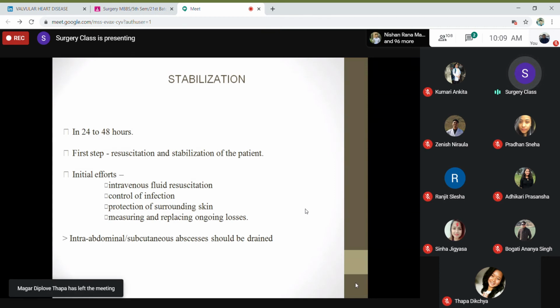And measure and replace the ongoing losses. The patient is passing urine and stool, and the fistula may be a low output or a high output fistula, and the patient may not be taking orally. So consider input and output: the total intake and total output of the patient. You have to take into consideration the urine output, the stool output, and the fistula output. That much you have to replace through IV fluid, orally, or through total parenteral nutrition.